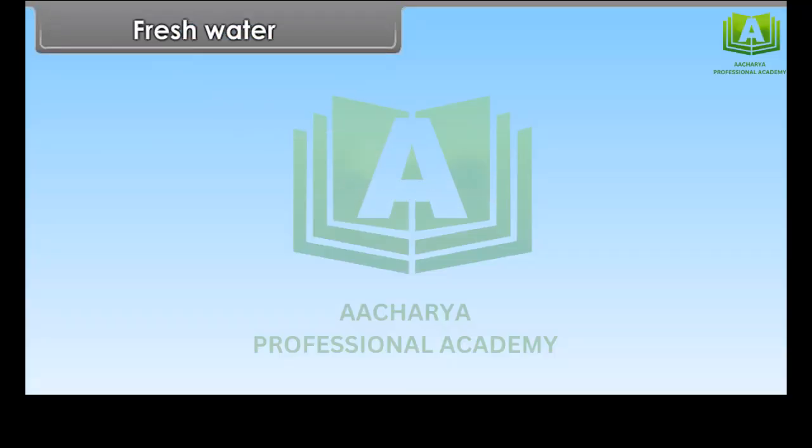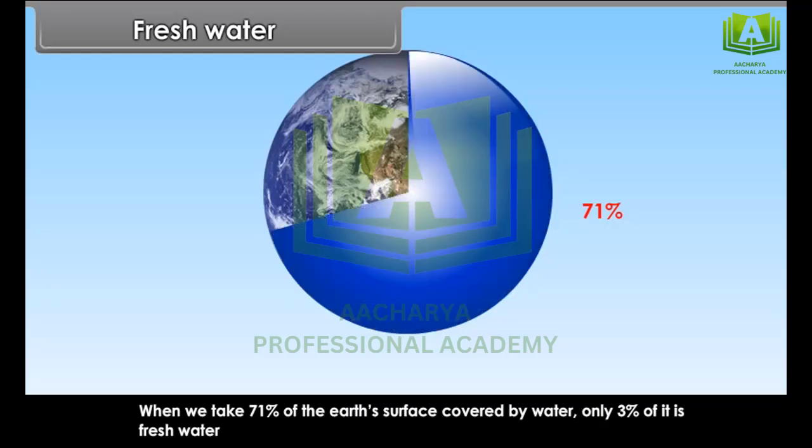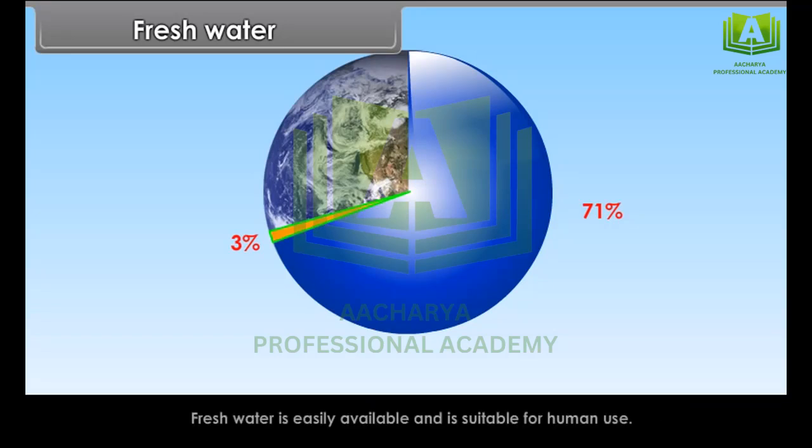Fresh water. When we take the 71% of the Earth's surface which is covered by water, only 3% of it is fresh water. Fresh water is easily available and is suitable for human use.